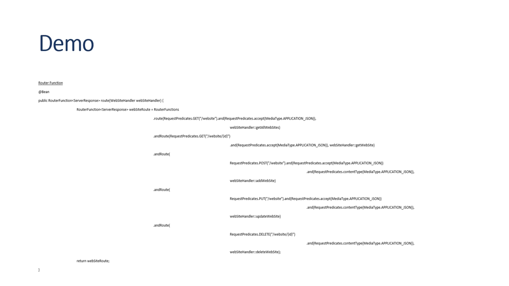This is the router function which is required for routing your incoming HTTP requests through your handler function. Basically here we are using request predicates to form our URIs and to return our MIME type or media type, what type of data we want to return to the client.